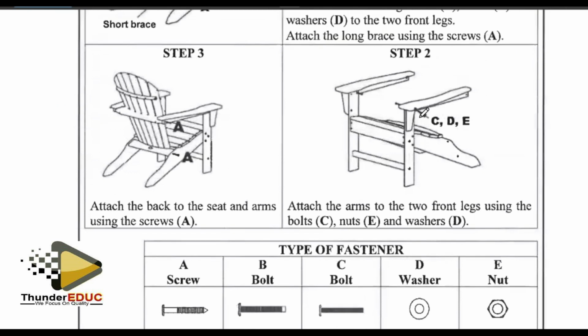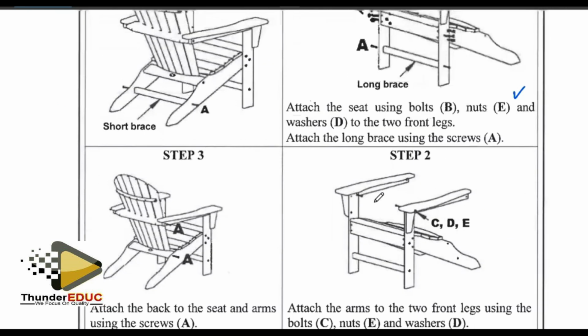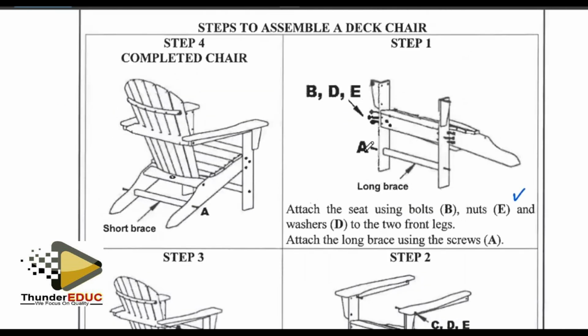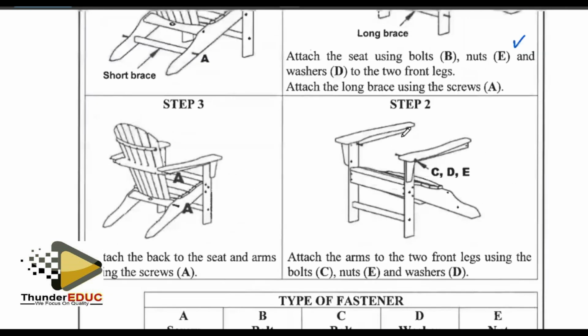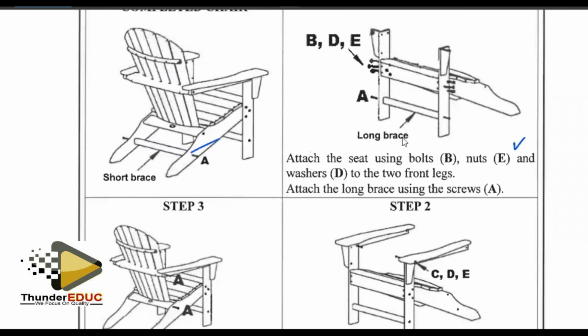We have E again. We shall have 6 nuts, because here we are. Attach the seat.